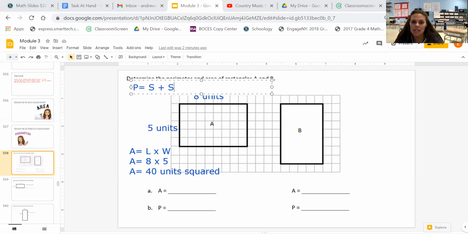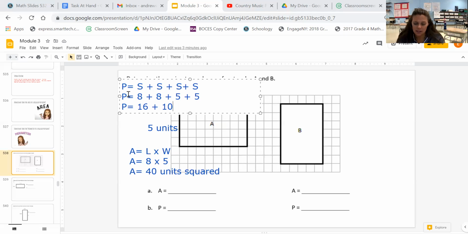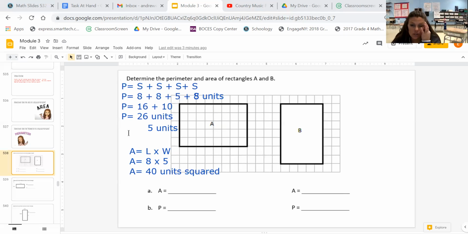If you're adding up the sides, which is fine with me, I just need to see your work for that. So in this case, we had 8 plus 8 plus 5 plus 5. So really that is 16 plus 10, and the perimeter would be 26 units. Okay, so you just need to show that.